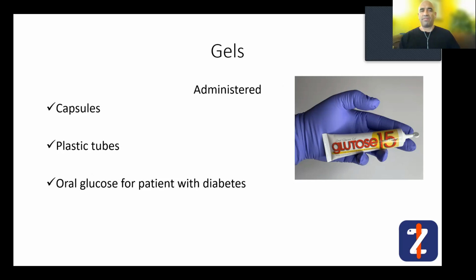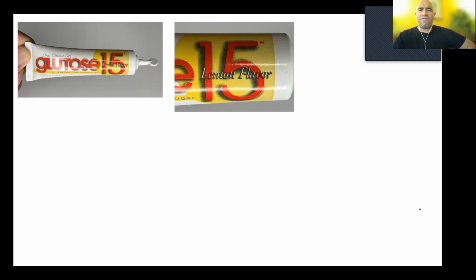They are administered as capsules. There are actual plastic tubes, and generally they call them oral glucose, for patients with diabetes. With diabetes itself, that's one of many ways of treating it. And that number that you see there, 15, that's 15 grams of glucose. There are many different brands out there.